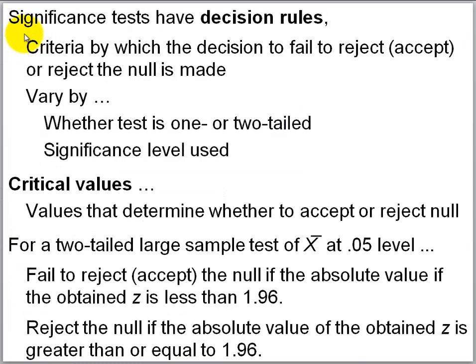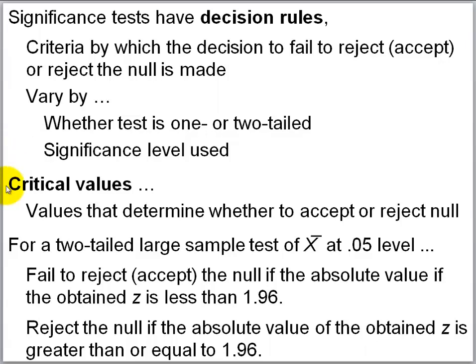I need to introduce the notion of decision rules. So significance tests have decision rules, and these are criteria by which the decision is made to fail to reject or reject the null. The decision rules for a test vary by whether the test is one or two-tailed, and also by the significance level that is used.